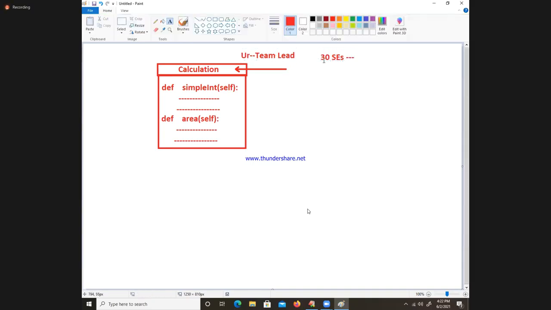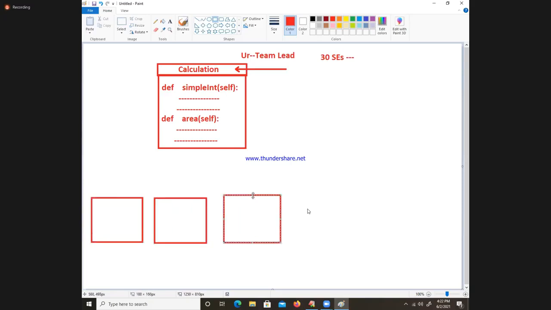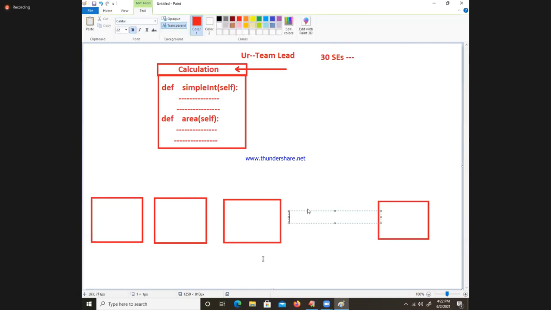All the 30 team members are also writing their own classes. This is a class of software engineer 1, this is a class of software engineer 2, this is a class of software engineer 3. Quickly try to get it now. Like this, you have all 30 software engineers with you.